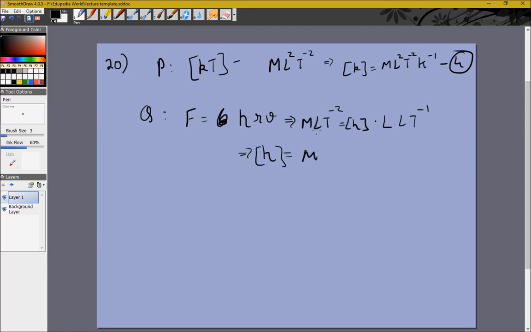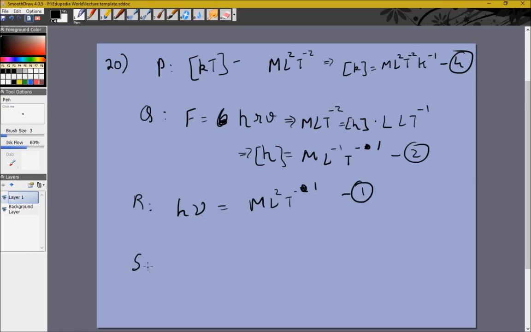You have two L's here, one here, so L minus 1 t minus 2. Sorry, t minus 1 here and t minus 2 here, so ml minus 1 t minus 1, which is 2. Then you have R, which is Planck constant, which is, again, I just remember h nu is energy, which is ml2 t minus 2, and nu is 1 by t, so this is ml2 t minus 1, which is 1.